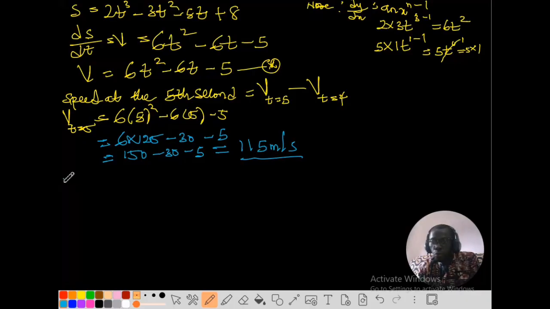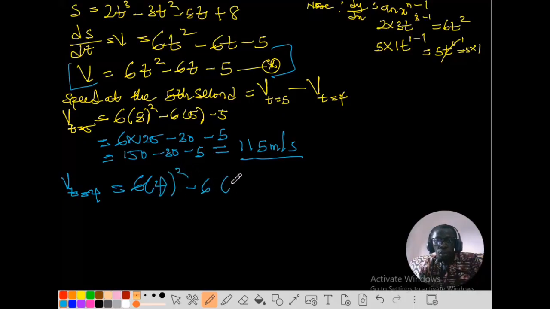Again, we look for speed v when t is 4. So v when t is 4, still this formula. Anywhere you see t here, replace that t with 4. So I'm going to have 6, now t becomes 4, which is 4 squared, minus 6 times 4, then minus 5.